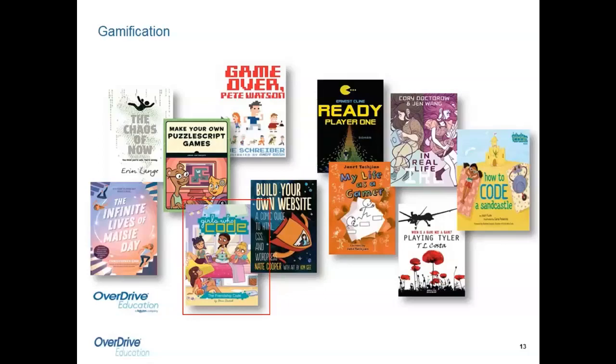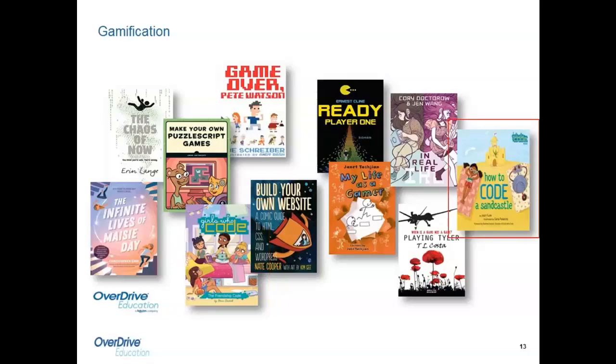The next book I want to push is How to Code a Sandcastle by Josh Funk. The author happens to be a software engineer, so he knows what he's talking about, and I feel like I'm cheating a little bit because this picture book is actually part of the Girls Who Code universe. So this is about Pearl, who has to use sequences, loops, and other basic coding techniques to tell Pascal, her robot, how to build a sandcastle.